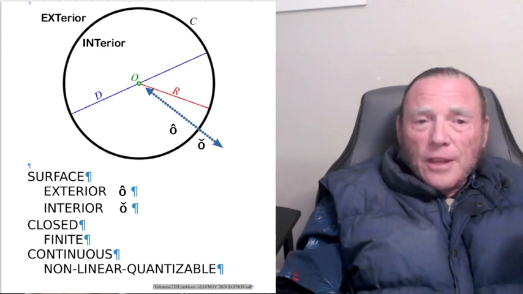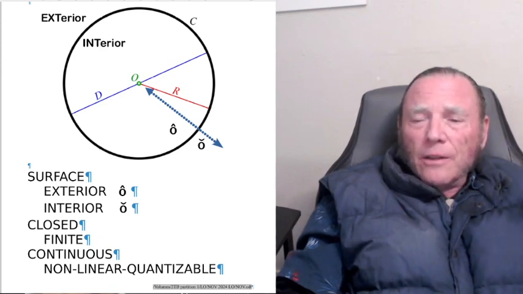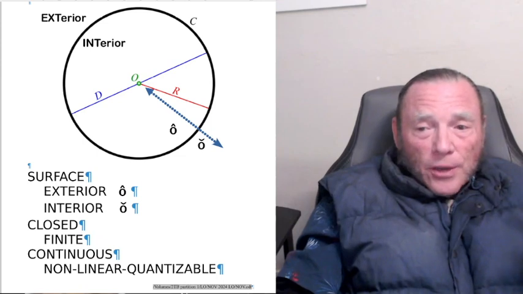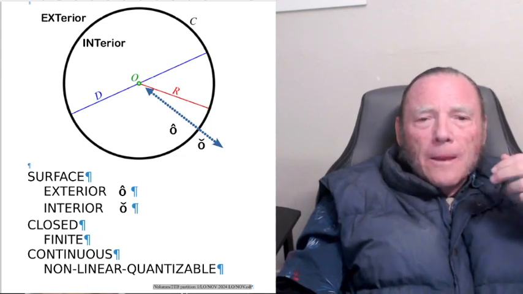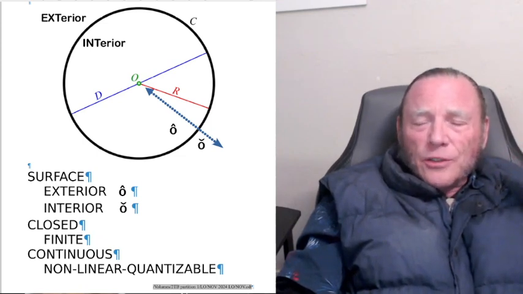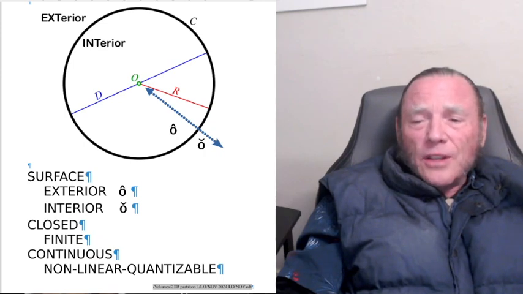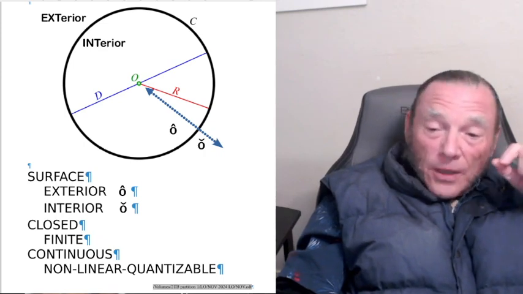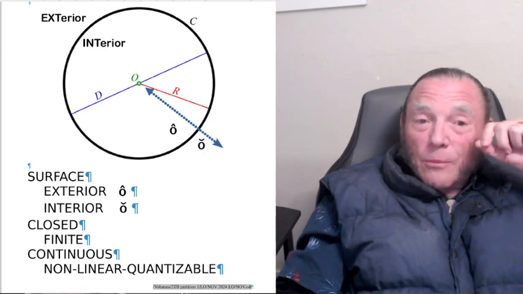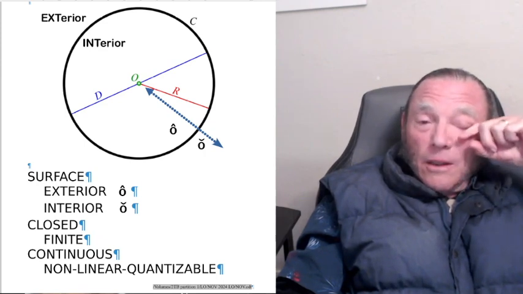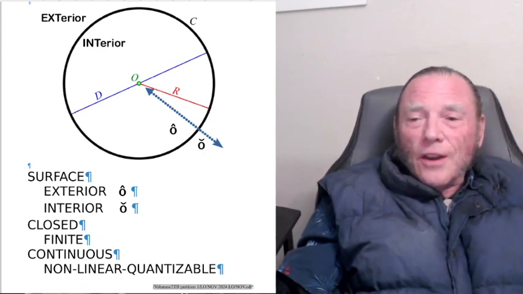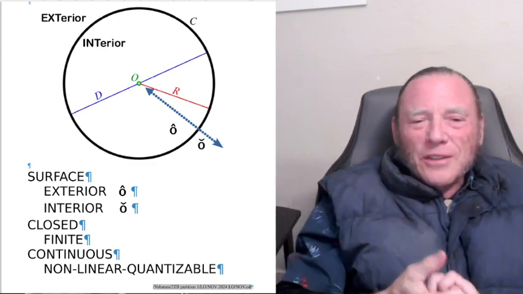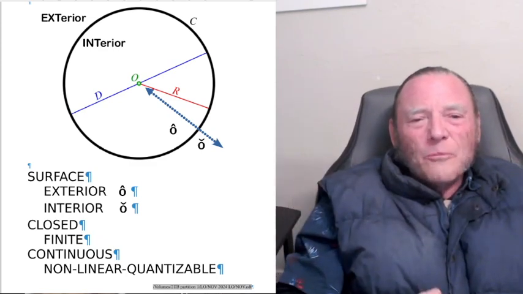Because remember, the inside of C is imaginary, but space is real. So what's outside of C is space, but what's inside of C is not space. It's something else. It has to be because it's inside. Otherwise, why is C even there? You could say it that way, but that's actually not quite logical.